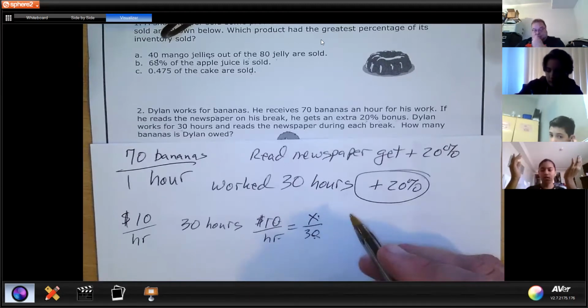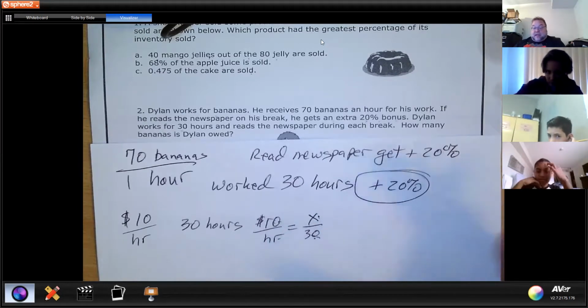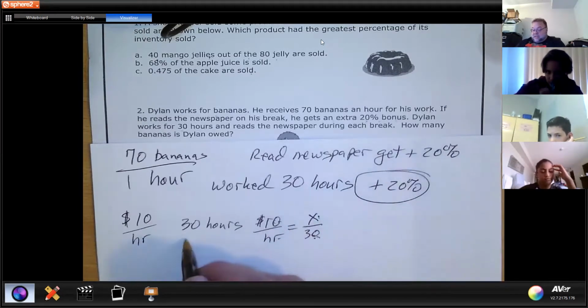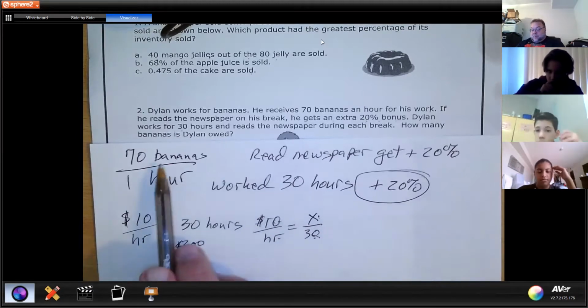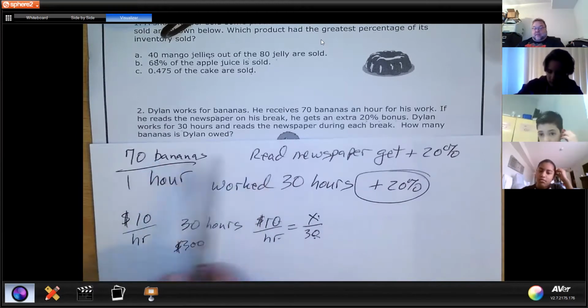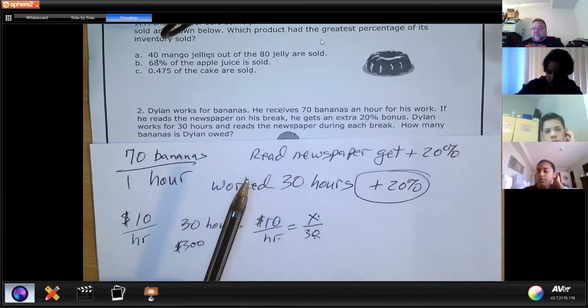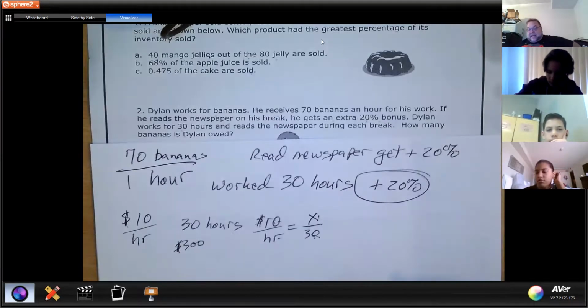You probably said that earlier, but you cut out, so I didn't hear you, but I figured you knew what the answer was. So this would give me $300. So now that's one way I could calculate that. So how would that work up here then with bananas and 30 hours? What would I do to find out how many bananas that the brilliant Dylan earned?